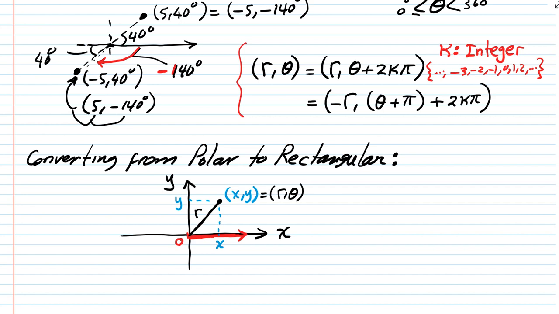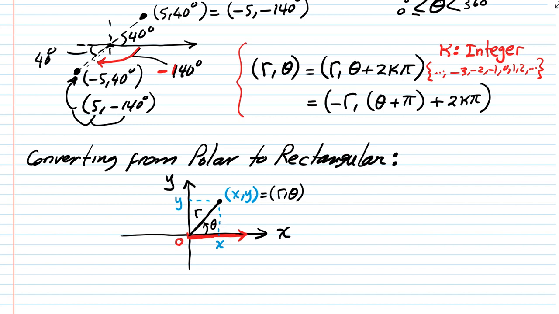R is the radial distance, the direct distance from the pole, from the origin to the point, and we're going to choose theta to be a positive angle. So this would be the connection between the polar and rectangular coordinate system.